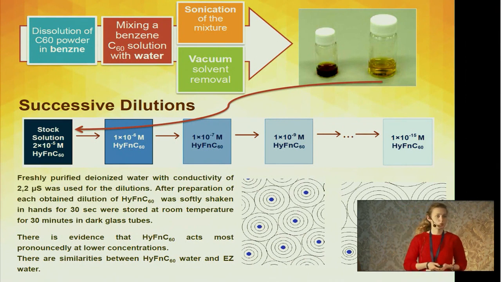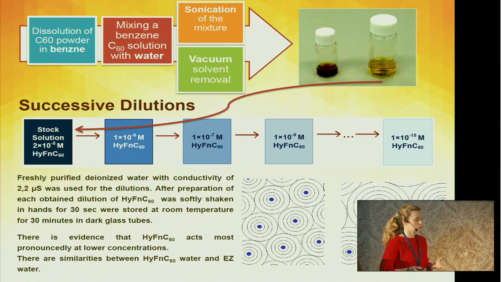This allows cavitation in the mixture, and each fullerene gets included into a spherical shell. And at last, the toxic solvent benzene is removed by vacuum, and finally they obtain a concentrated solution, and then they dilute it and get the stock solution that we use.